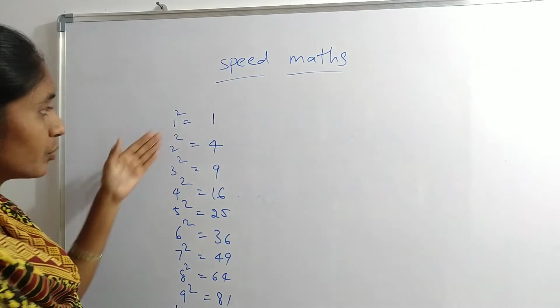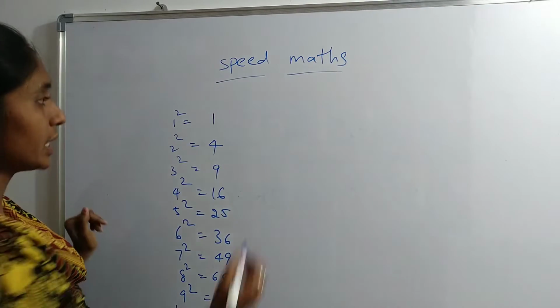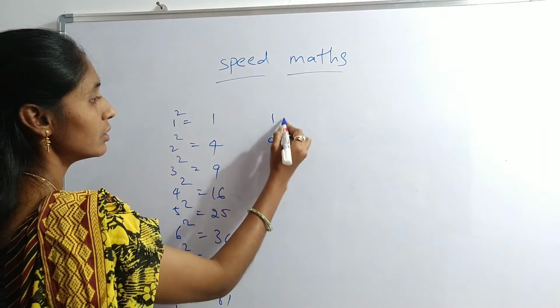Now observe here, the 1 square value and 9 square value end with unit digit 1.